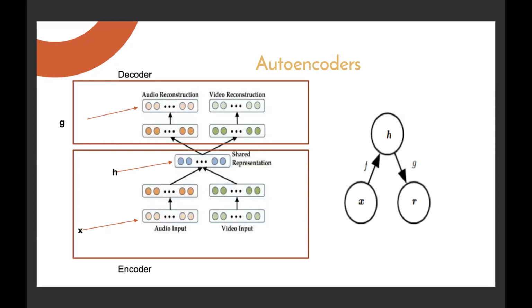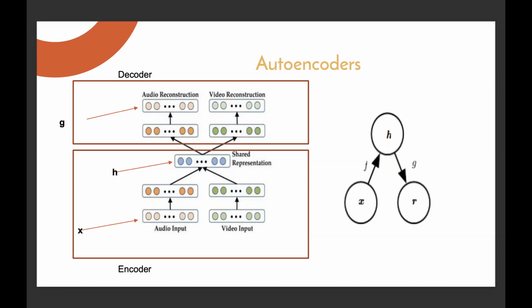For example, we can take some audio input or video input X, and we can input the audio and the video into the encoder, and we can learn some representation by this encoder. We can also learn the representation h by two separate encoders for the audio and the video.